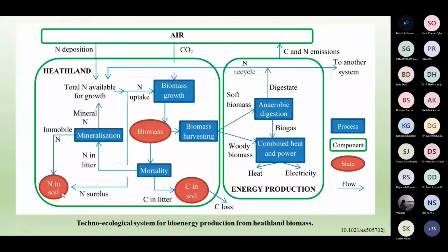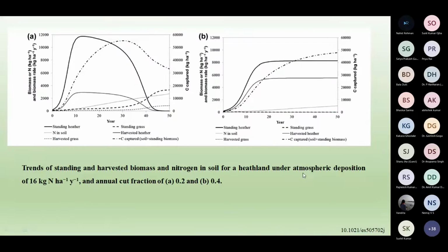After mortality, how much nitrogen goes into the soil. And then the harvested one was digested to give you the biogas to extract electricity and heat. All these they studied, and this plot is showing the biomass and nitrogen rate.